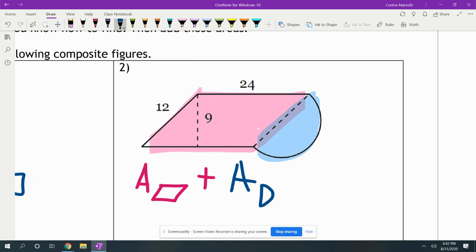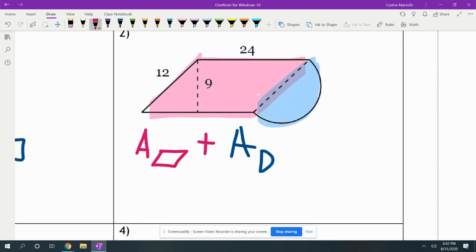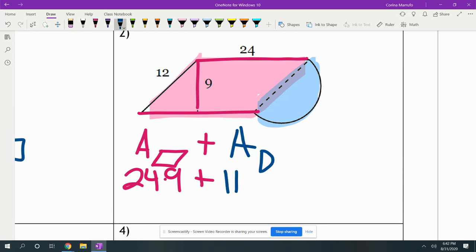For the parallelogram, it's just base times height. This is our base, this is our height. Our base is 24, times 9. So it's that simple. Now the area for the half a circle, well, we know a circle is pi r squared.